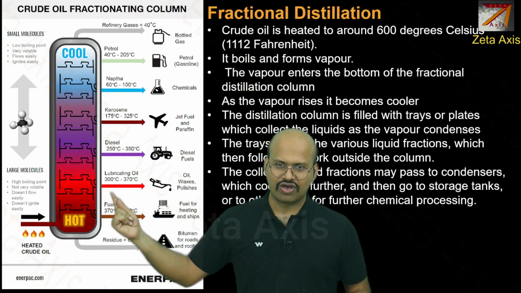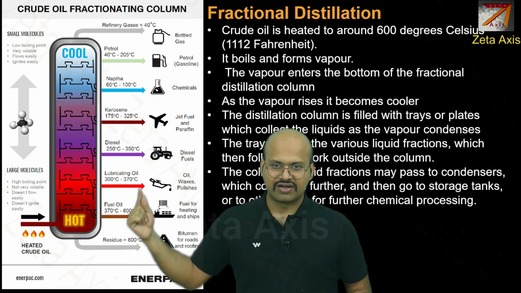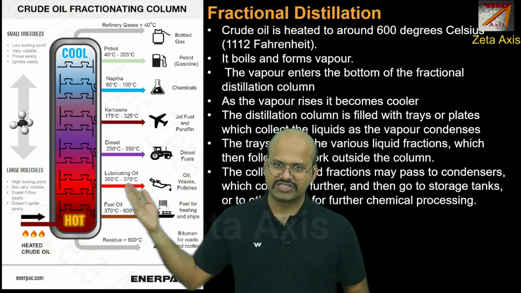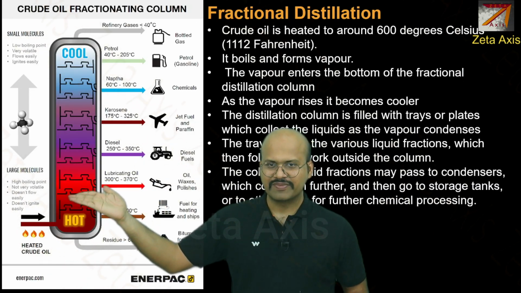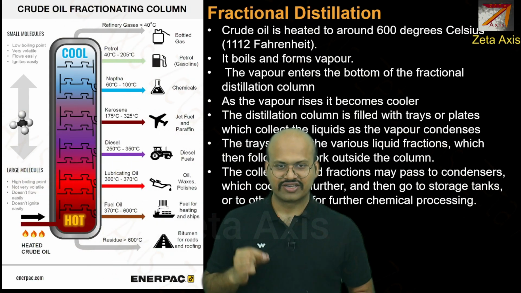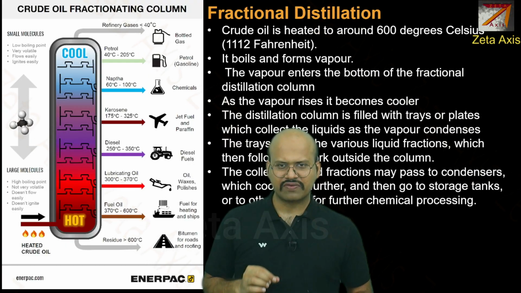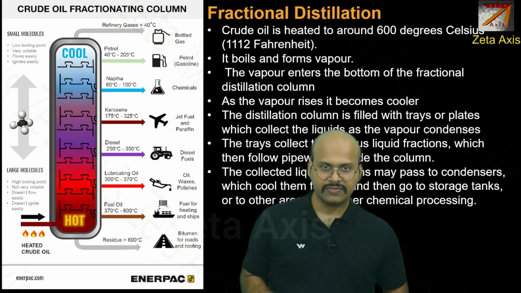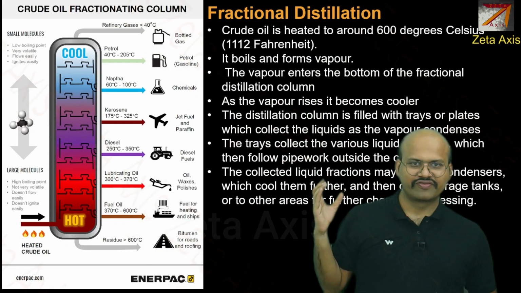But lubricating oil, which has a higher liquefying temperature, will be separated out. So as the elements move up, each of them will be filtered out at its respective boiling or liquefying temperature. And here we can see the method indicated.